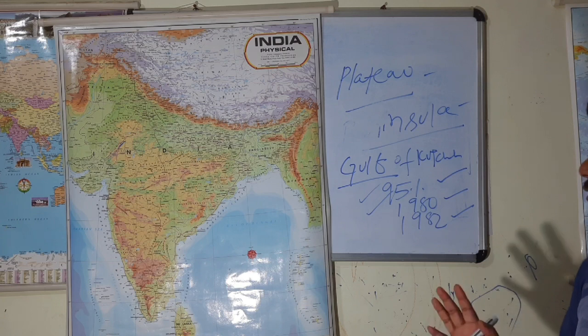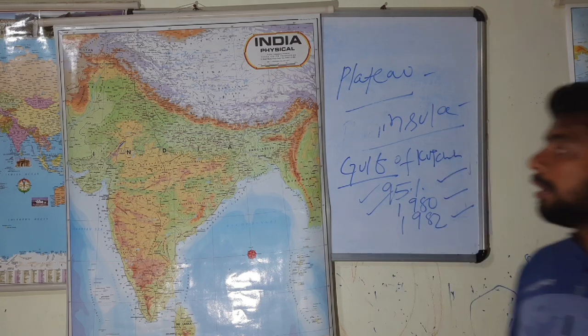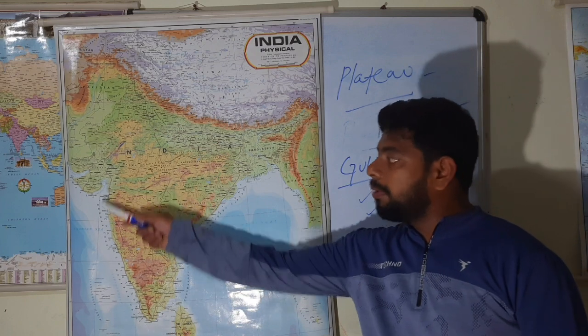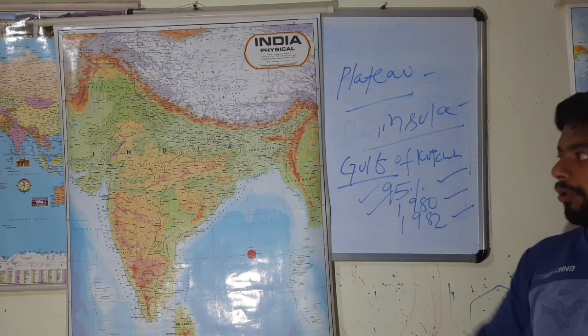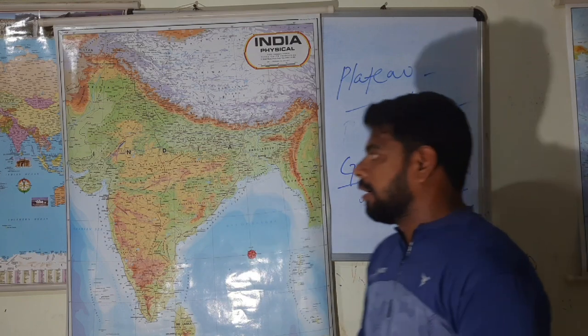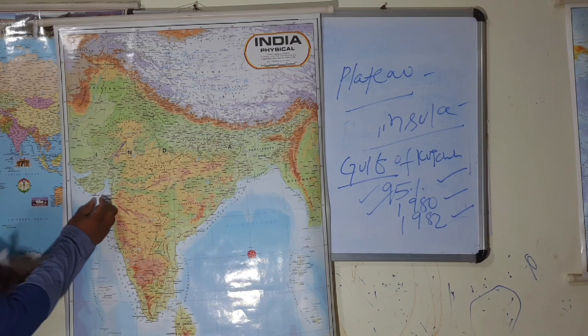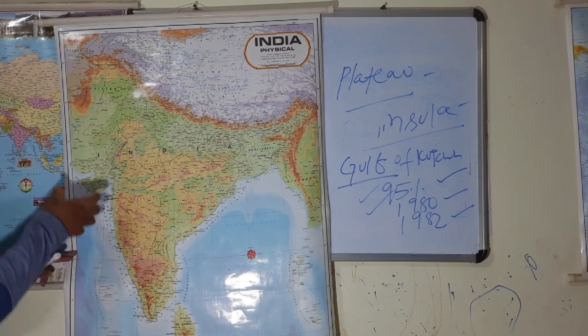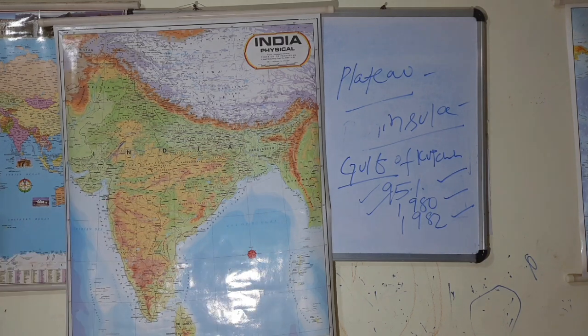Fine. Noted, guys. Another one in the Kathiawar Peninsula is the Gulf of Cambay, or Gulf of Khambat. Look into it, guys. In the northern part it is quite narrow, while in the southern part it is quite wide.